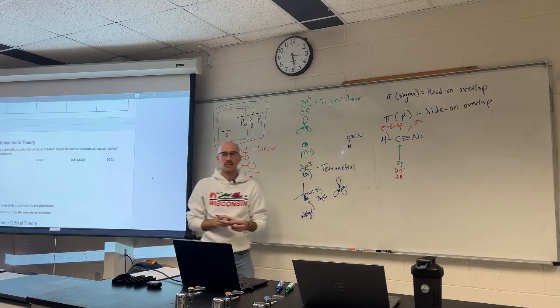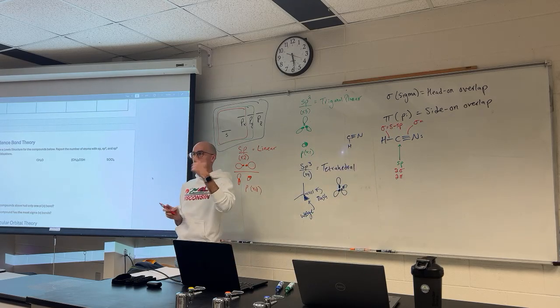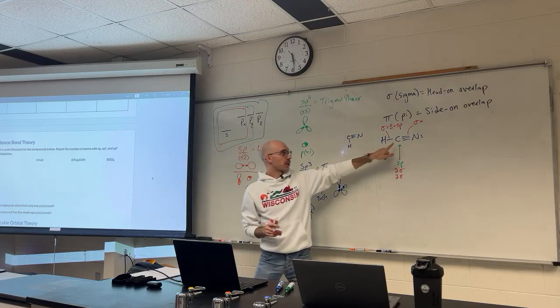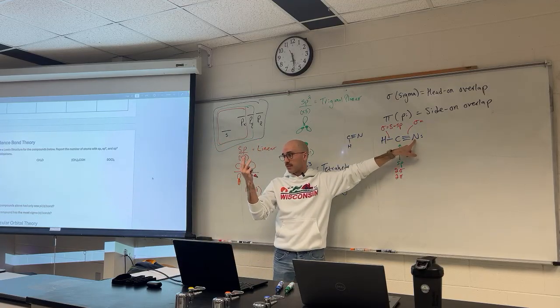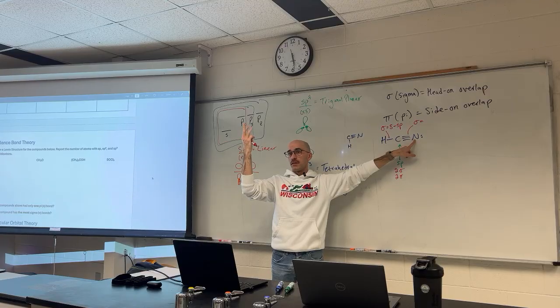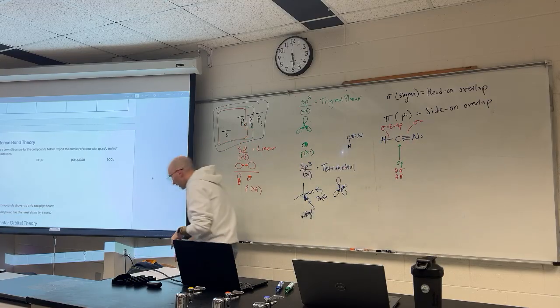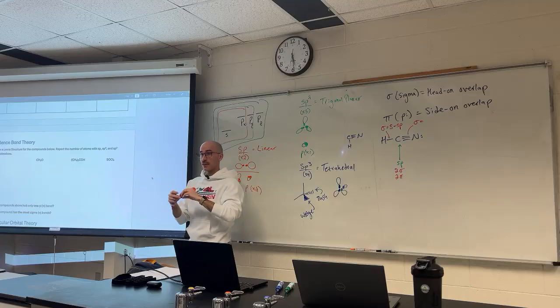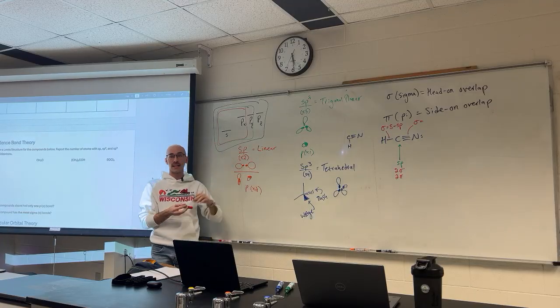Good. Any additional bonds beyond that sigma are pi. So the carbon and nitrogen on the right have 3 bonds, 1 sigma, 2 pi. And again, it is linear, which helps you identify that it's sp.